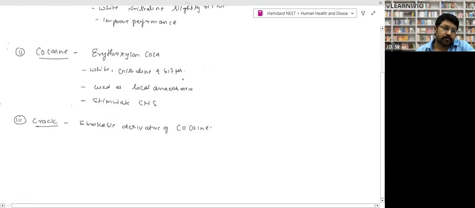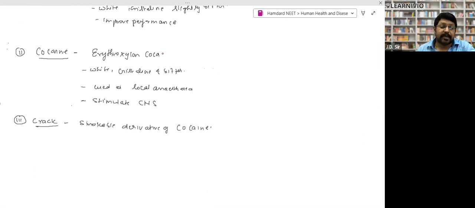Cocaine is harmful. This question has been asked. It is extracted from a plant. The name of the plant is Erythroxylon coca. It is a white crystalline bitter powder used for local anesthesia. Suppose a hand or leg operation has to be done, it just makes the leg or hand inactive, right?